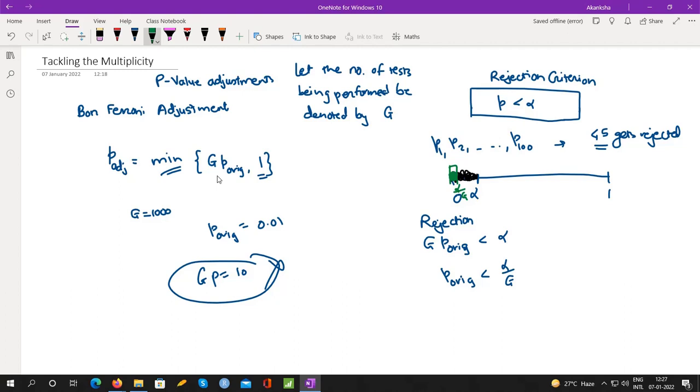Okay. So this is known as Bonferroni adjustment. This is probably the most basic method of controlling multiplicity. But now you can imagine what implications it would have. Yes, we are significantly reducing the number of false positives. No worries about that. But then what is the byproduct of that? What would happen if I reduce my type 1 error too much?